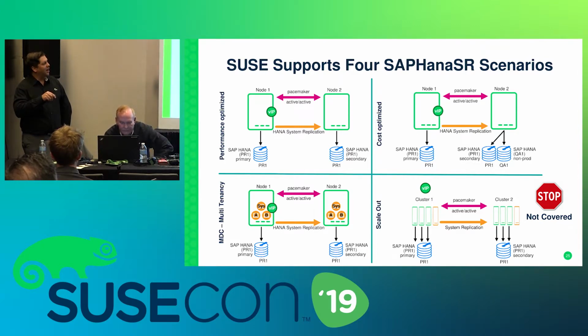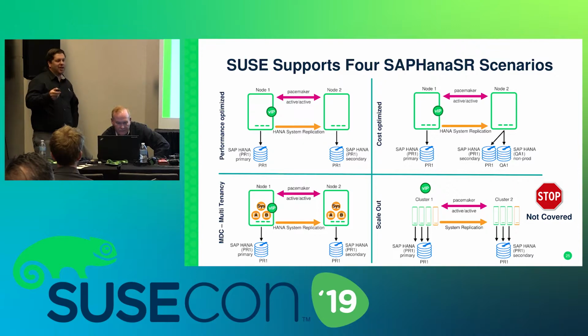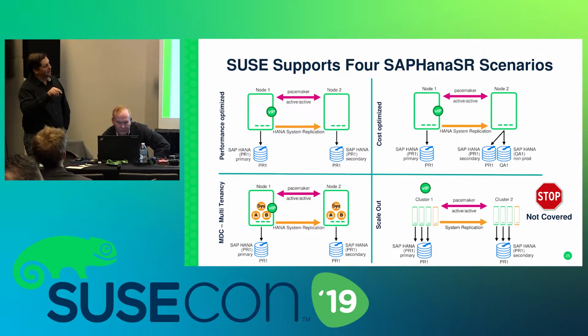It's cost optimized because you can do more stuff on that secondary node. It's not completely idle. But in case of a failure, it'll turn off the QA stuff and start bringing the secondary HANA database live, so it brings it up to memory.